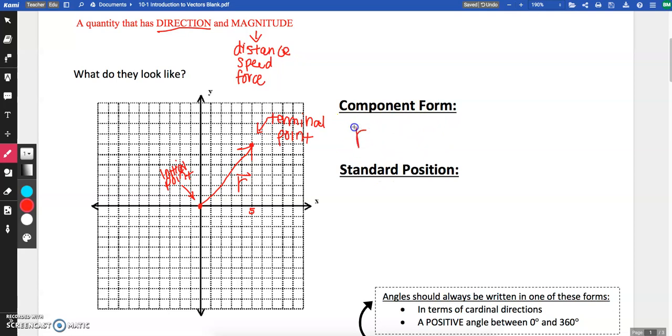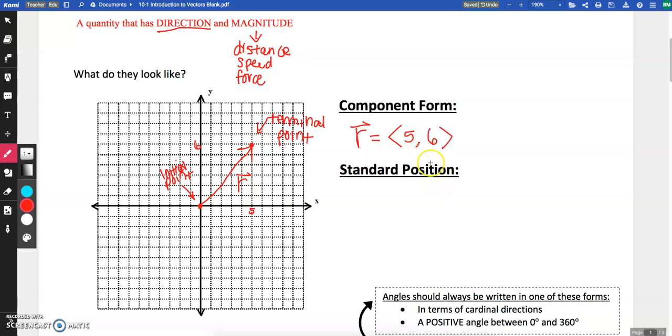So I would say vector R, here's my symbol, meaning it's a vector, a half arrow on top, equals. Instead of a coordinate point, see how this is a coordinate point at (5, 6), coordinates are written with parentheses. Vectors are written with these little brackets, which kind of look like greater than, less than signs. So its component form would be <5, 6>.